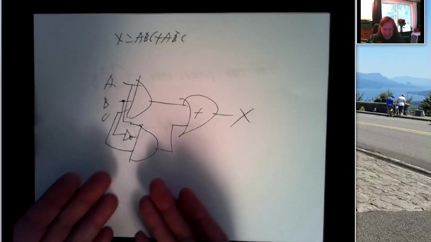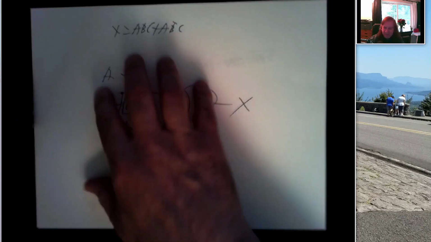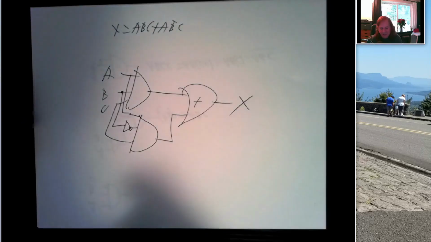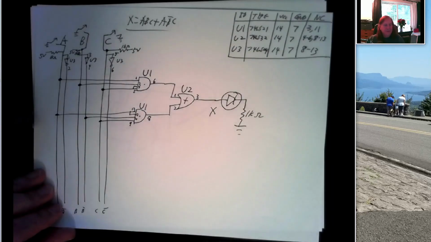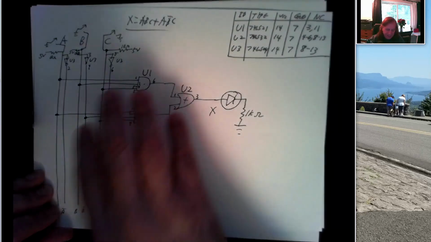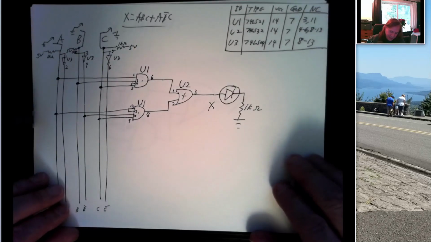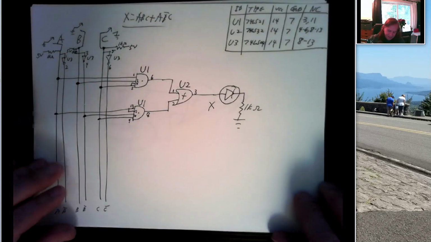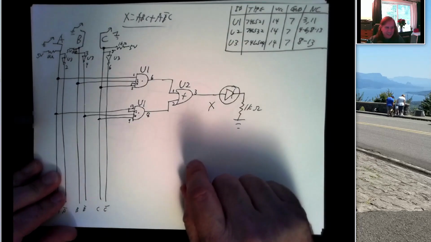This is technically a good logic diagram for that circuit, but it's not a lot of use when you're actually trying to build this circuit in Tinkercad or on a physical protoboard. The other advantage of this is that it's extremely useful for debugging your circuit. Because when you're finished, you've got your circuit and you set up a certain combination of switches and you expect your LED to come on, and let's say your LED is off instead of on.